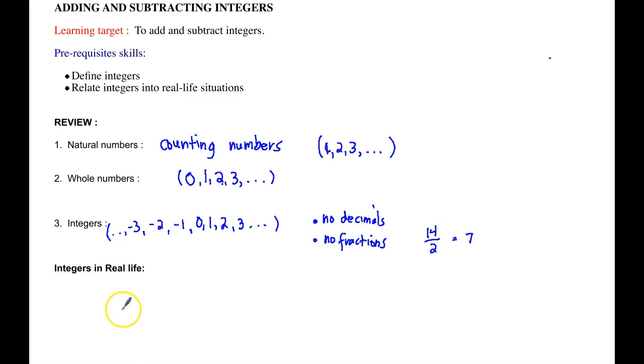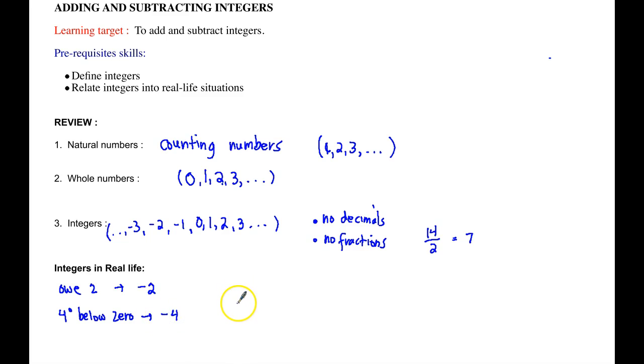Okay? So what are integers in real life? How do I use integers in real life? Say, for example, you owe $2. In math, you represent owing $2 as -2. Okay? So say, for example, the temperature is 4 degrees below 0. 4 degrees below 0, in math, you represent that as -4.